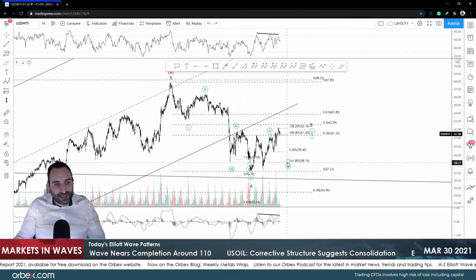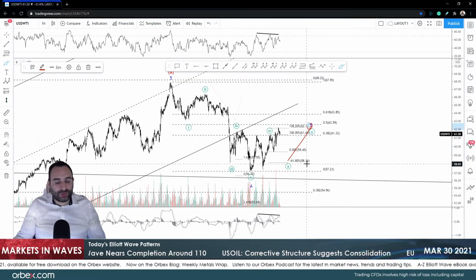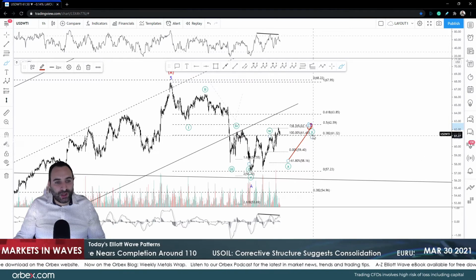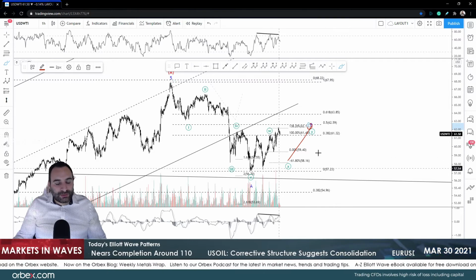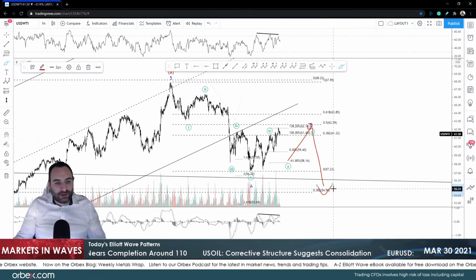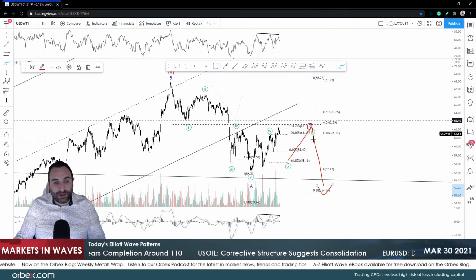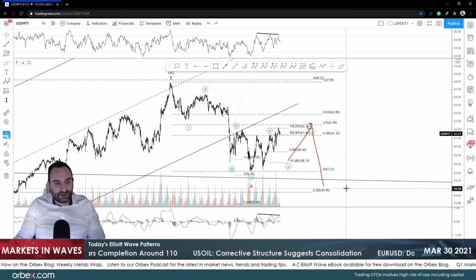And once this is done, then we'll be looking to correct higher again around 62.59 or so, which is a 50 Fibonacci retracement of wave A, and then move all the way down for wave C. So this is what I'm looking at, okay? And I'm expecting wave C to be a 5-wave impulse, of course.